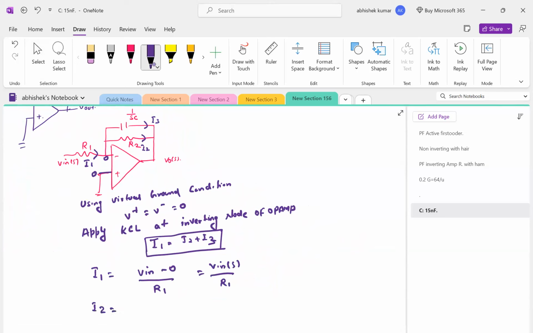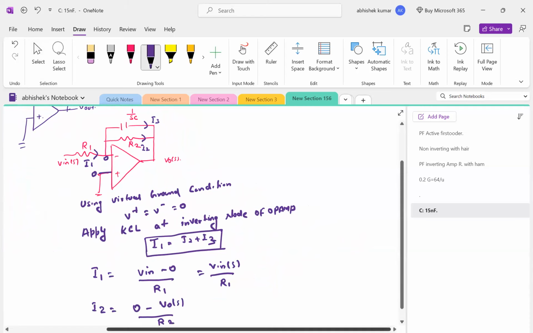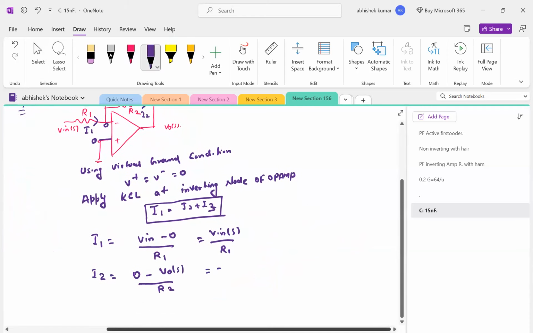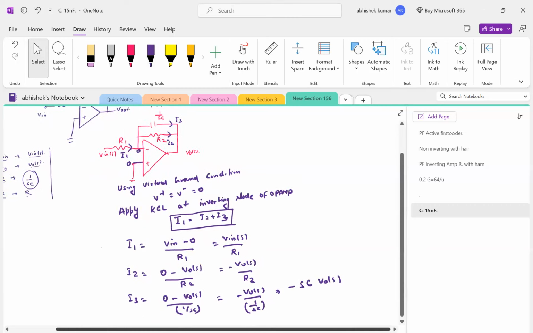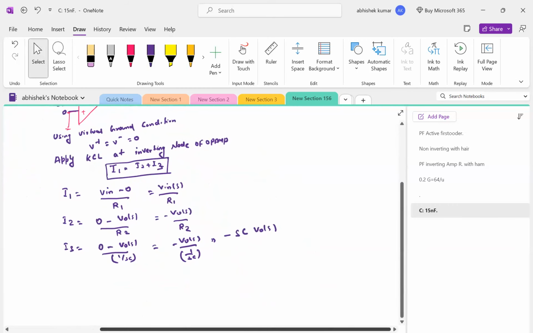Can I say I2 will be 0 minus V output S divided by R2? Yes. And I3 will be 0 minus V output S divided by 1 by SC, which basically will be minus SC into V output S. Now I will put all these values in my equation number 1.